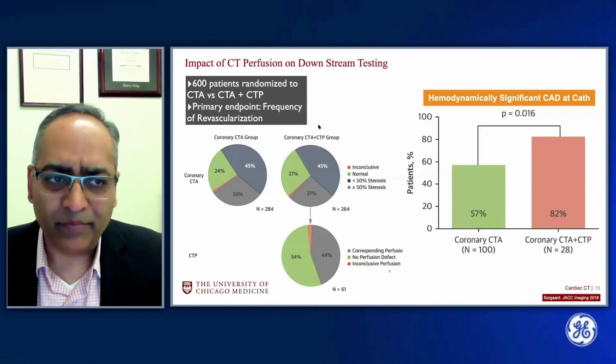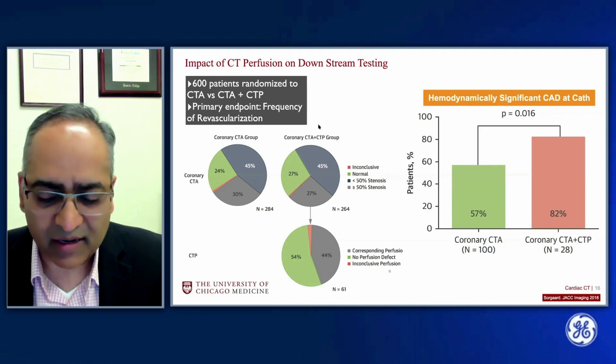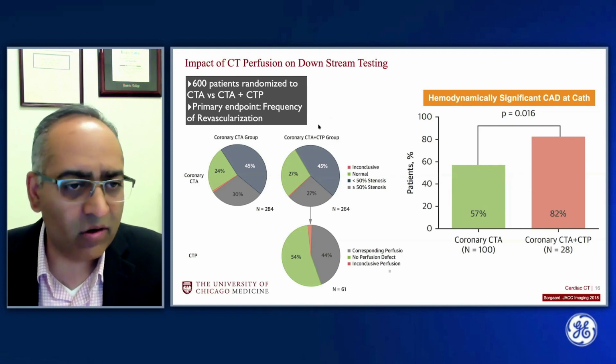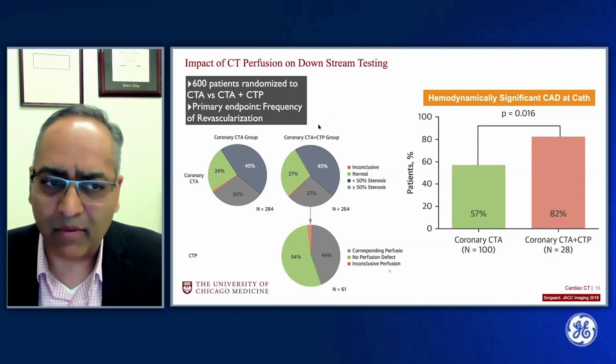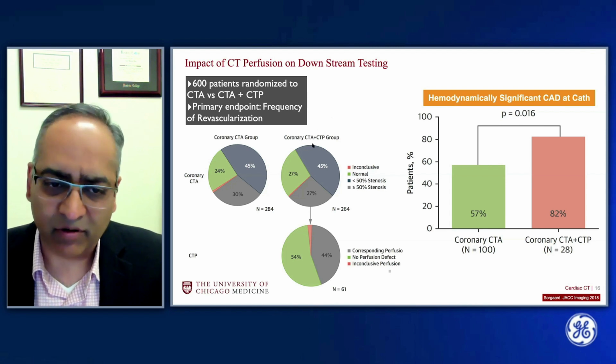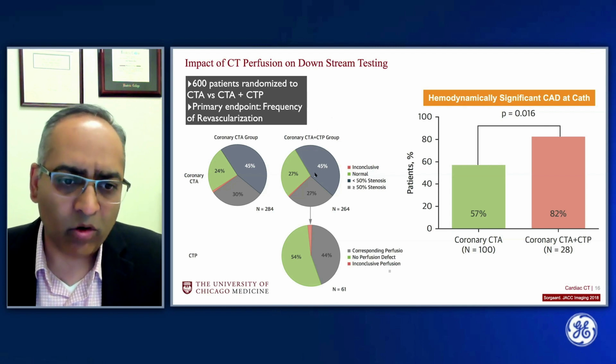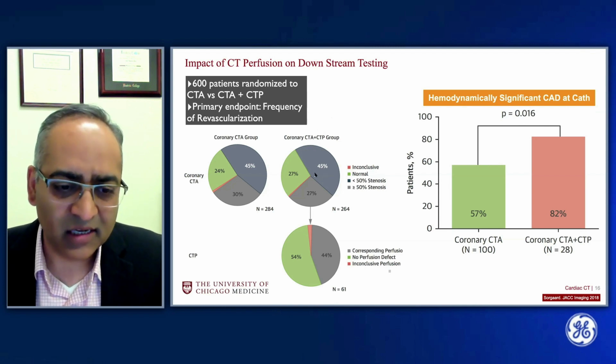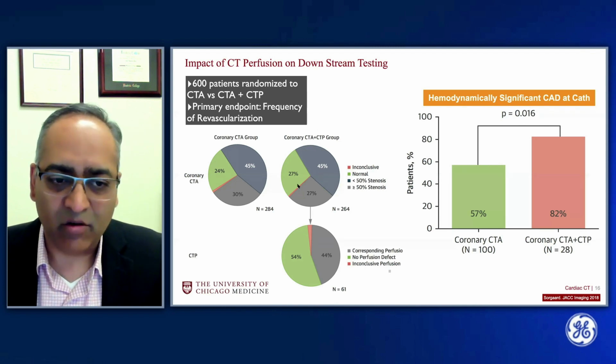Now, this is an interesting study published a couple of years ago in JACC Imaging, where patients were randomized to a coronary CTA alone arm versus a coronary CTA with CT perfusion being utilized in those patients who had more than a 50% stenosis.